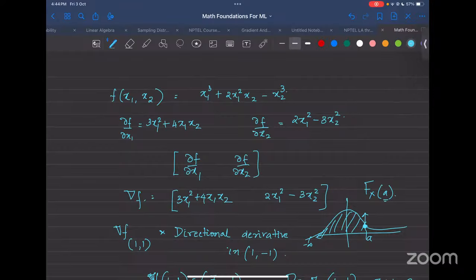I think I have done this as a part of the covariance matrix when I did variance of x1 plus x2. We took it as variance of x1 plus variance of x2 plus 2 times covariance of x1, x2. And then we expressed this variance of x1 plus x2 in terms of matrix. We took that as 1, 1 transpose into the covariance matrix into the 1, 1 vector.